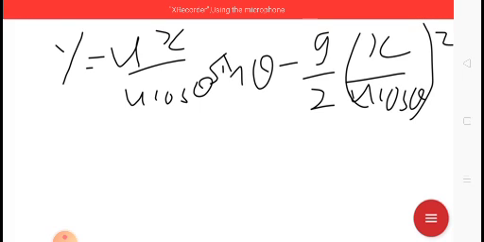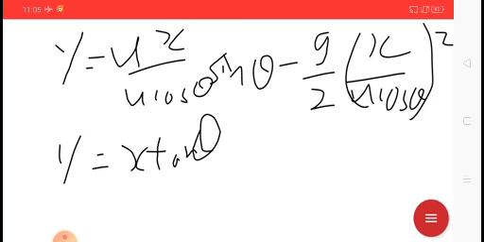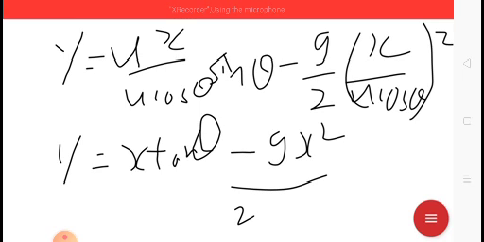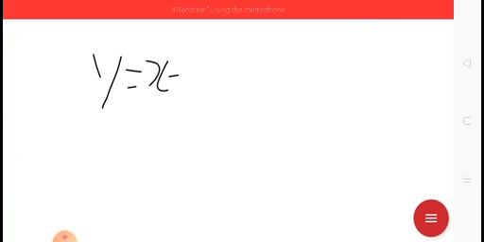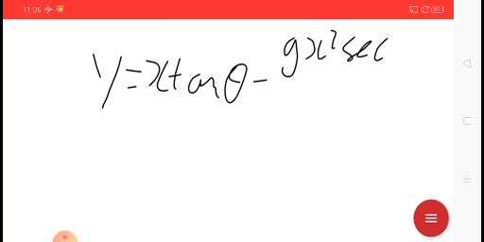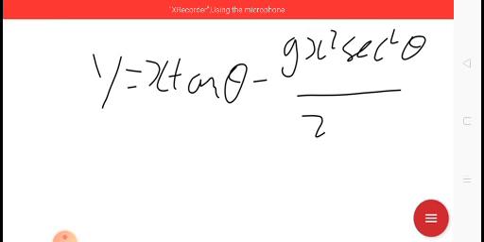Right, and simplify it, you have y equal to x tangent theta minus g x squared over 2u squared cos squared theta. Okay, so this one you can simplify some more. y will be equal to x tangent theta minus g x squared secant squared theta over 2u squared.